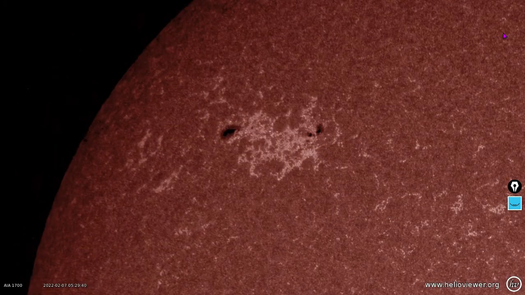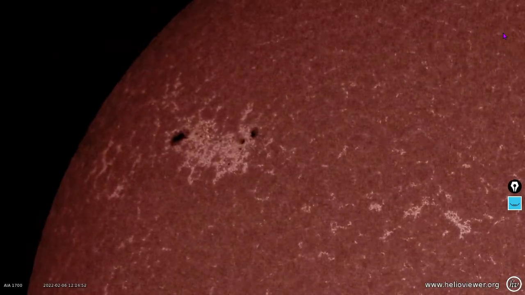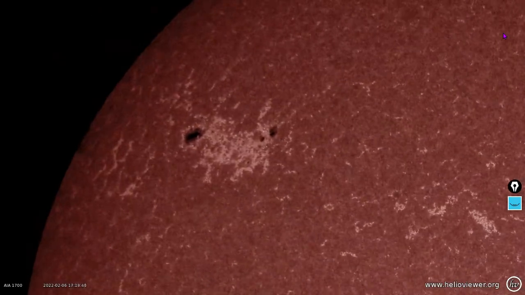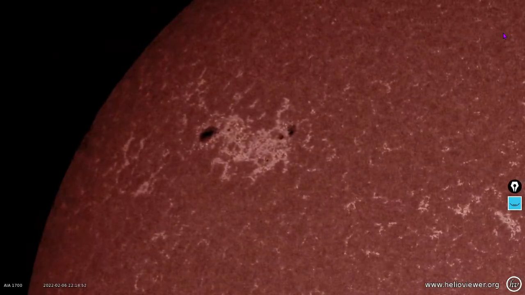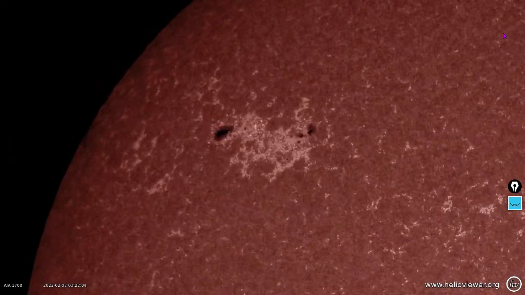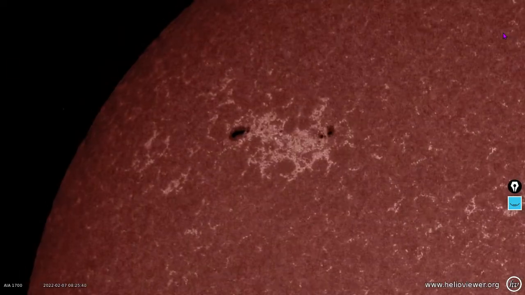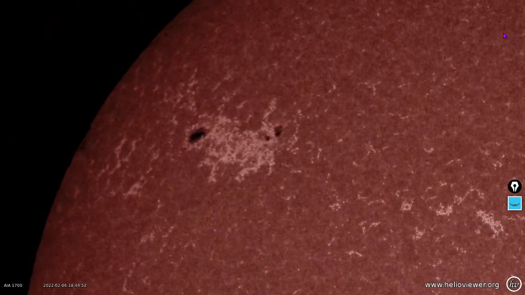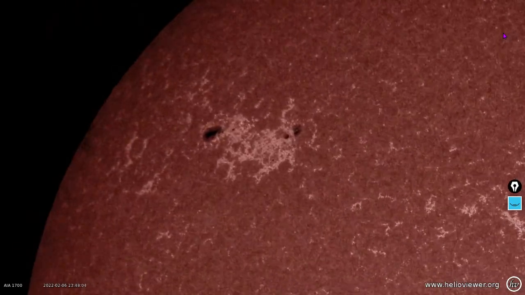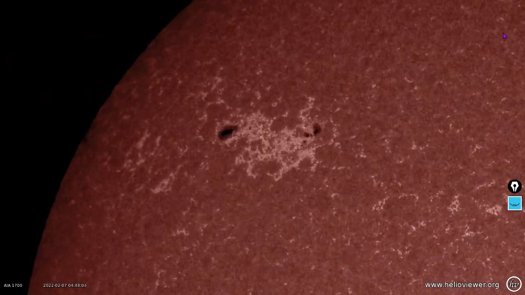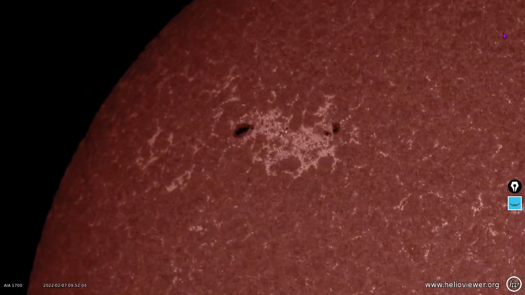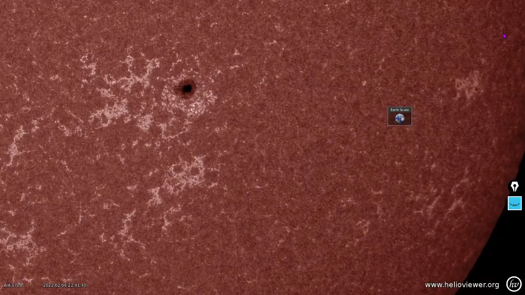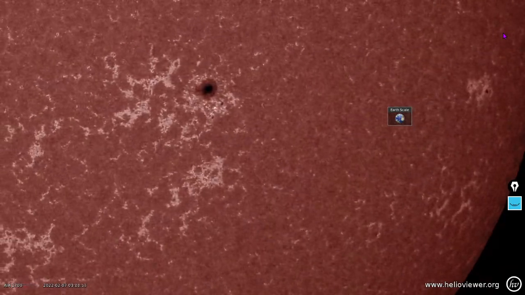Next, we've got 2941. This is the most likely group to produce major flares, as I just said. I'll also show you the other major group in the southern hemisphere, sunspot 2939, the one that produced a possible Earth-directed coronal mass ejection.